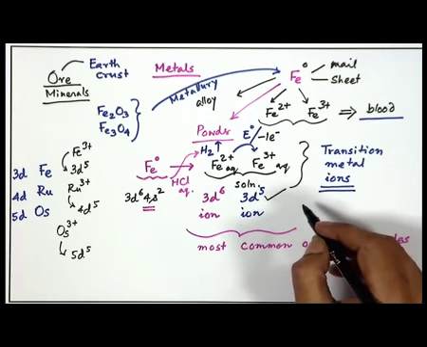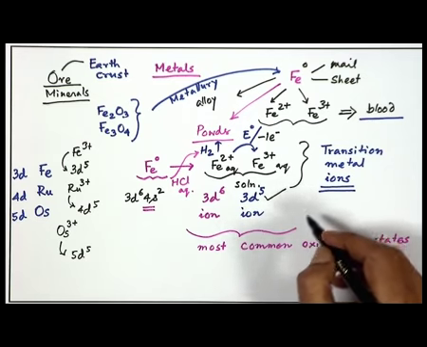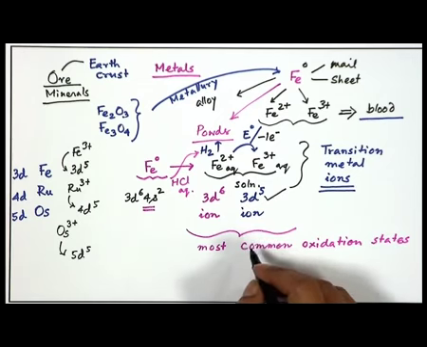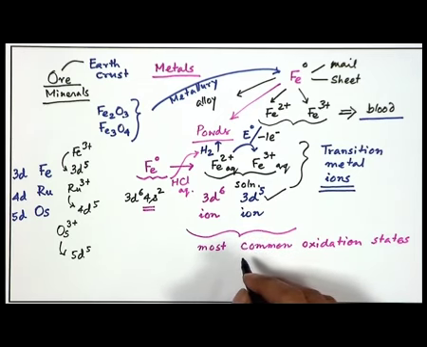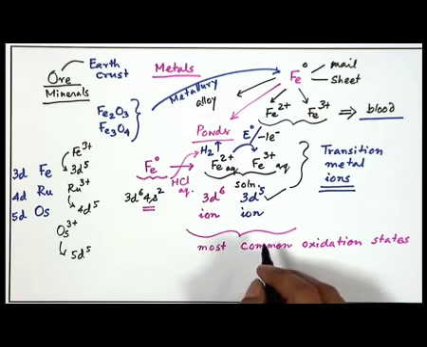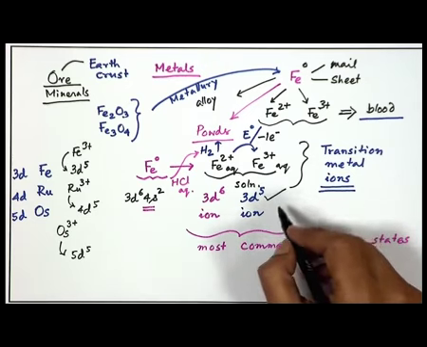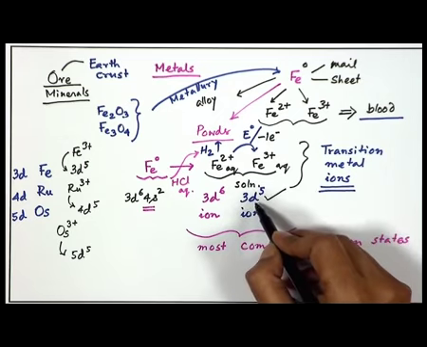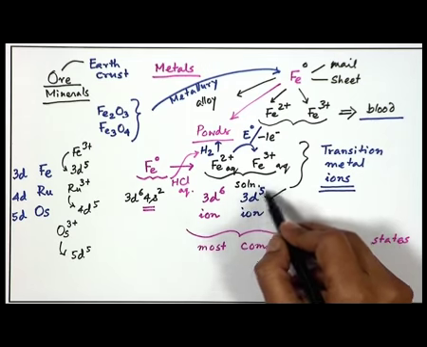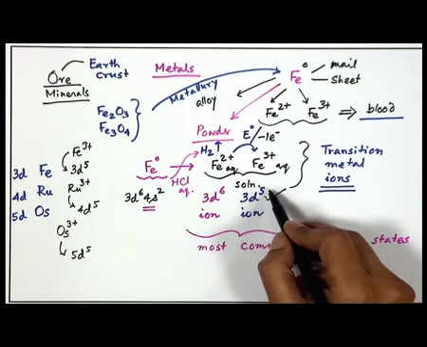But if we have some stronger oxidizing agent, then we can find out whether we will be able to take out electrons from their corresponding positions. That means, whether we can go beyond, and take out more electrons from these. We can take out one more electron from this level, giving 3d4 or 3d3.